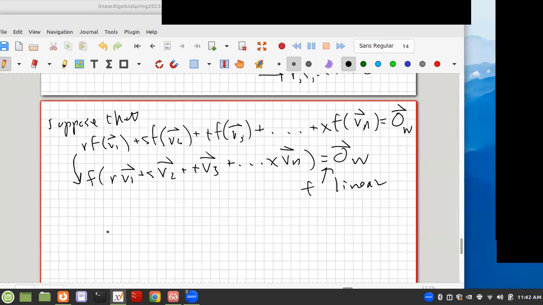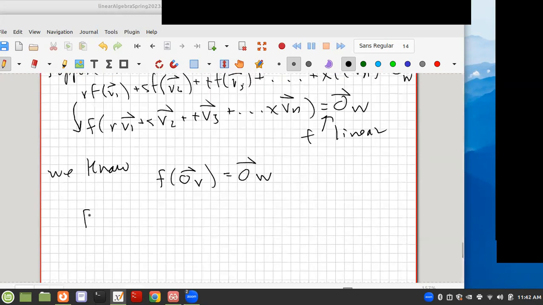We showed last time that F of the zero vector in V equals the zero vector in W. Remember, I can say F of the zero vector in V equals F of 0 times the zero vector in V, because the zero vector is the only vector that I can peel a 0 from and it won't change it.